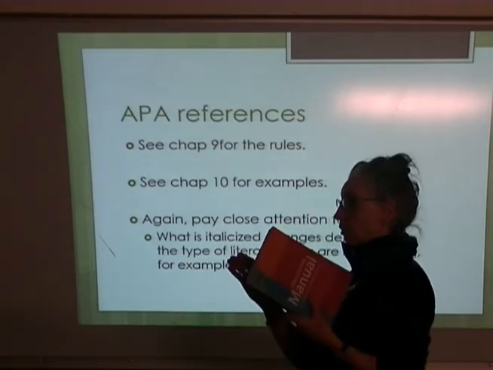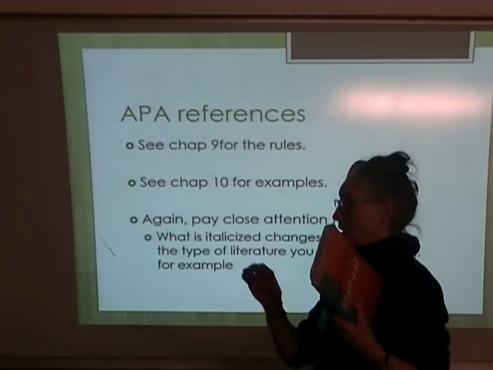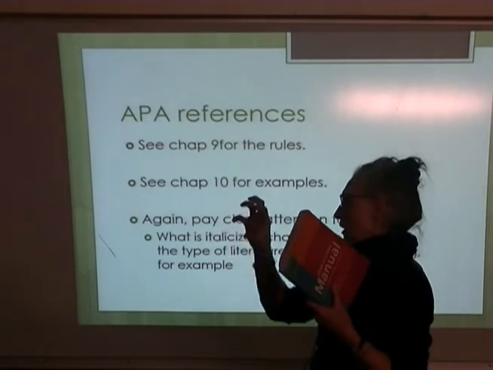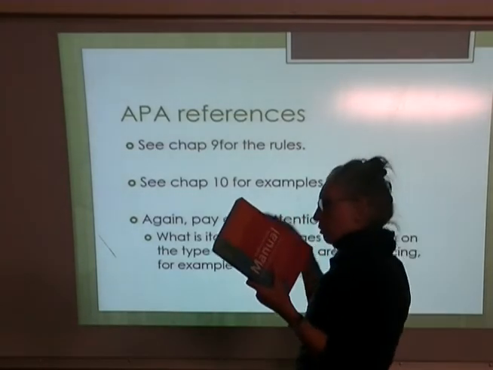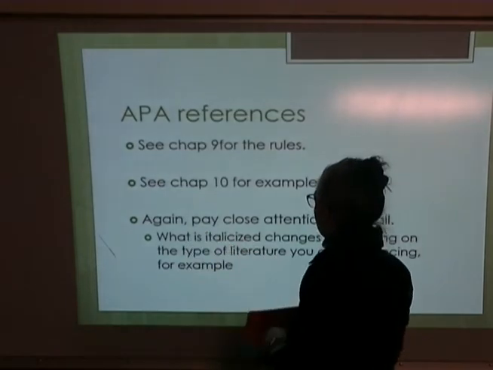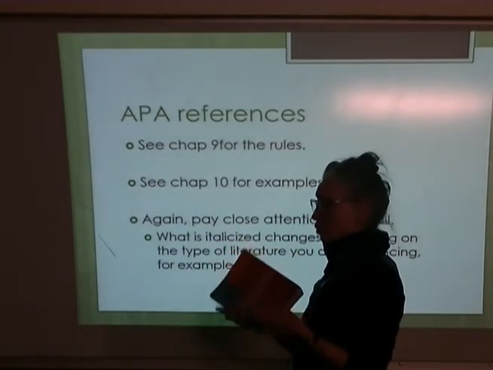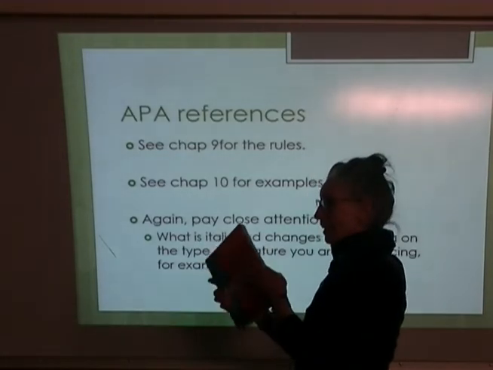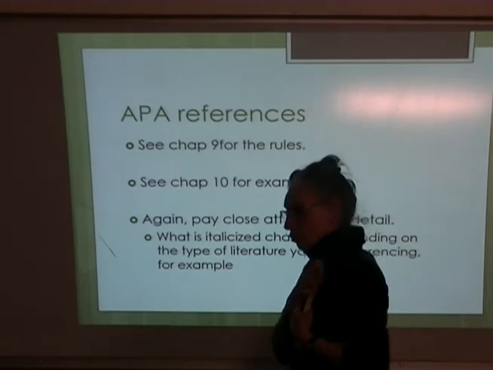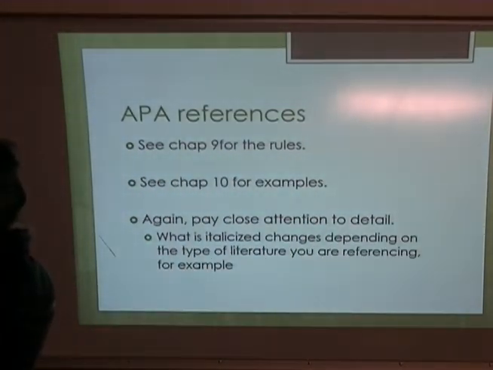If it's a book, you italicize the title of the book. So you can't guarantee that the same formatting rules apply to every type of resource, okay? So, as I said, don't spend time trying to learn them, just keep your APA manual close to your heart, okay? All right, so chapter 9.